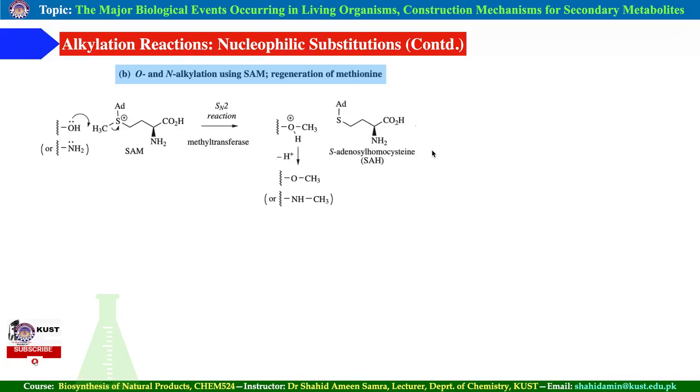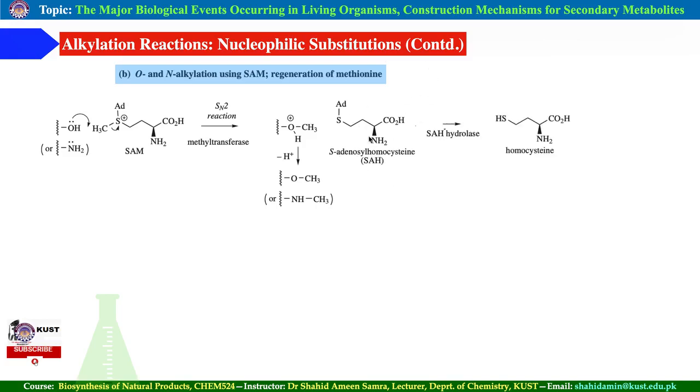It's SAH because it has lost one of its methyl groups. Because of loss of that methyl group, it's now without that methyl, so instead of methyl, we'll be having hydrogen here. So this is SAH, S-adenosyl homocysteine.